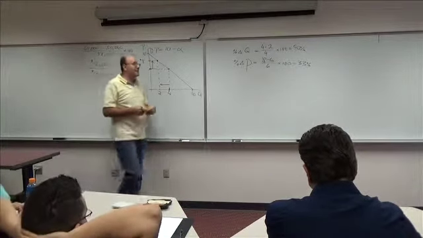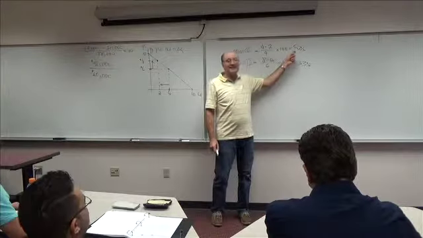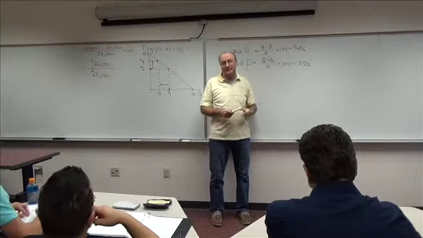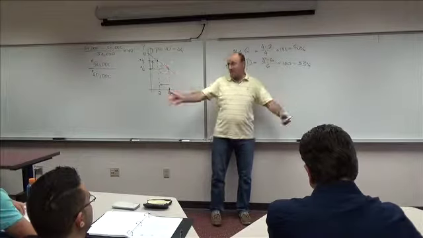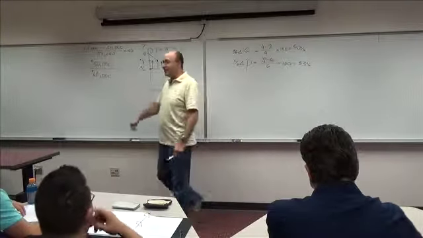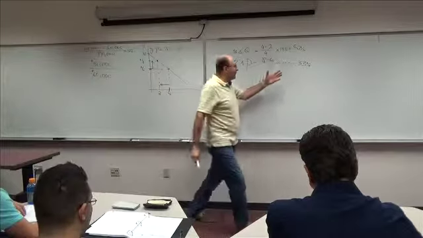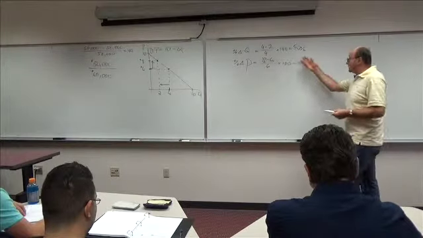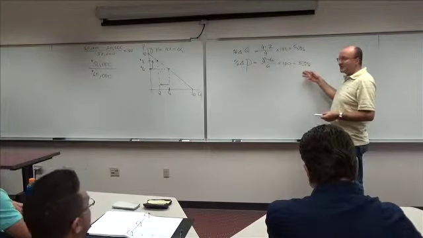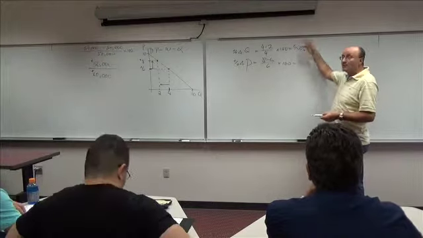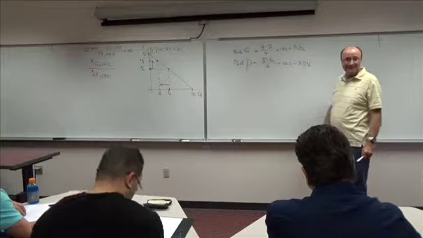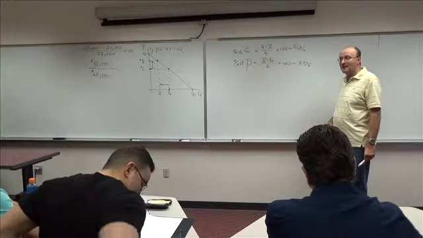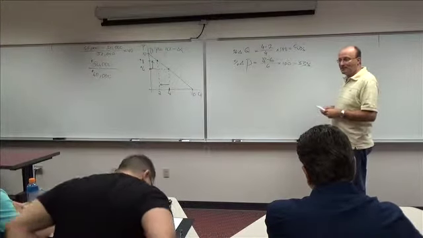Would you say that consumers responded elastically or inelastically? It seems like elastically. I mean, it dropped by half. Good intuition. If a relatively smaller change in price results in a relatively larger consumer response, that's what we mean by elastic response. Okay? That's what we mean by elastic response.